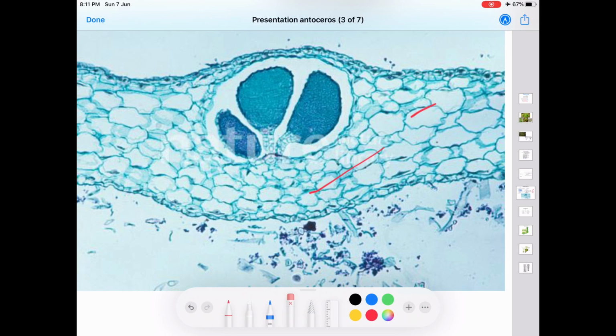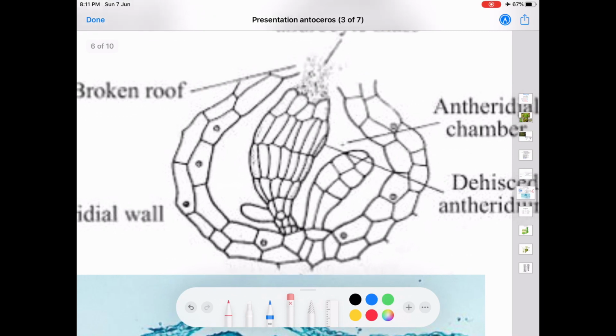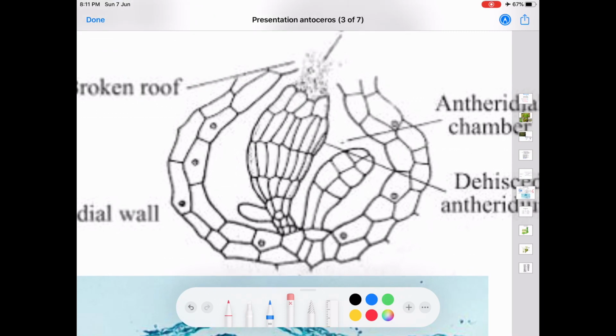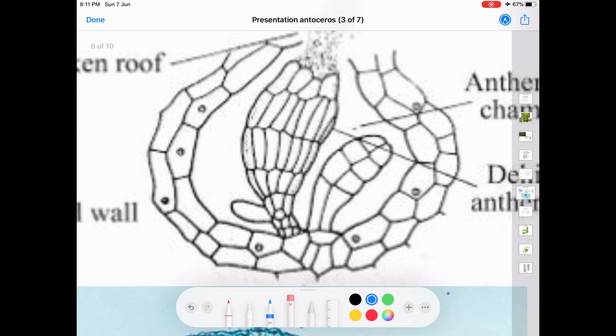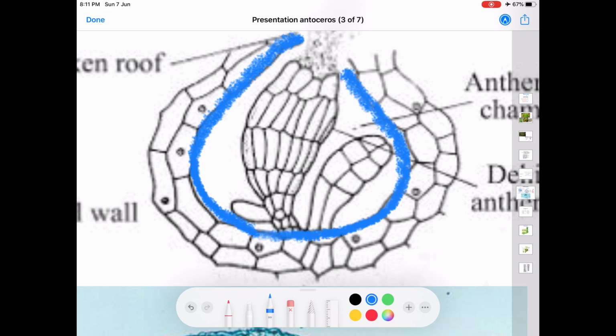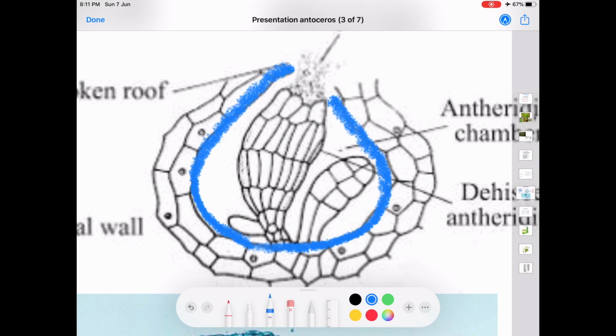As the antheridium matures, the roof of the antheridial chamber breaks irregularly. This region is breaking irregularly, and it will expose the antheridium in a cup-like structure. See, now the antheridial chamber looks like a cup-like structure and it exposes the antheridium to the outside.